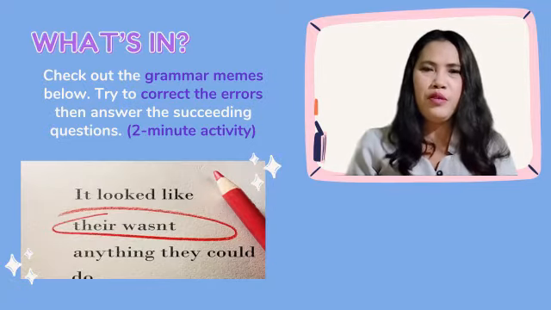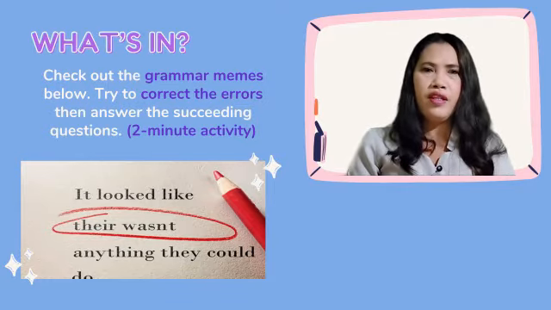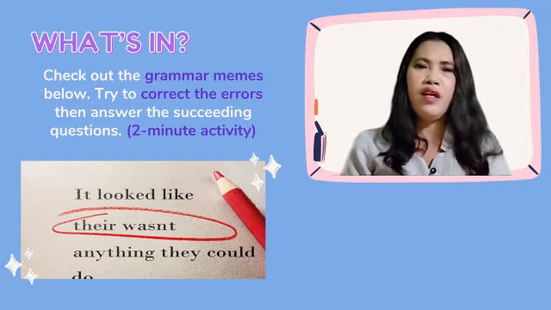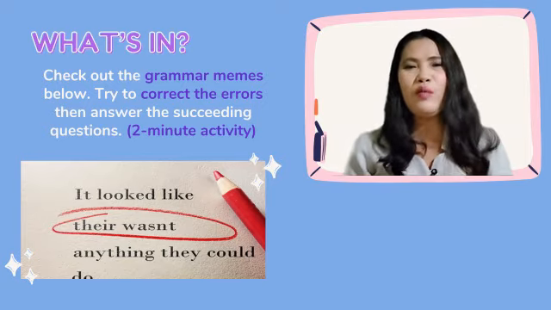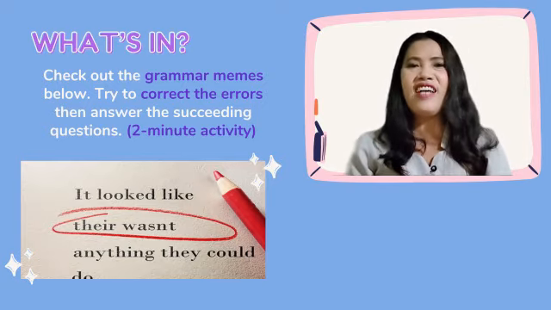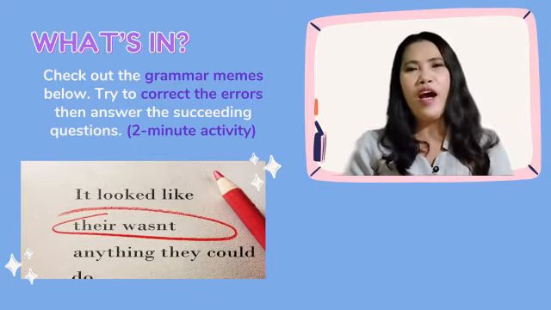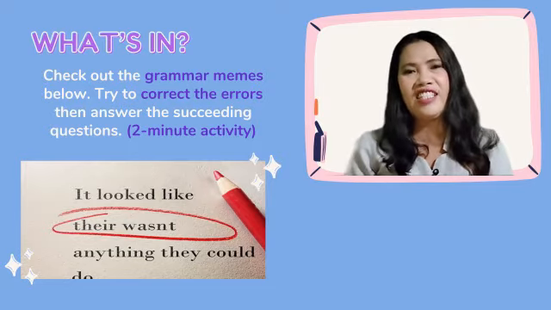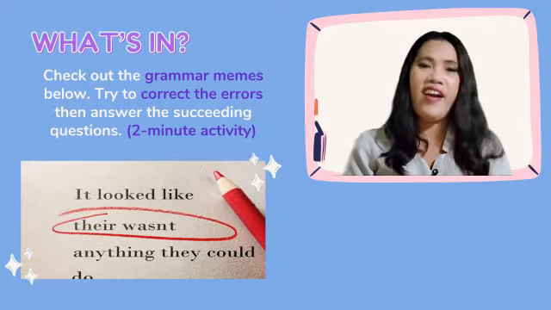For number 2, we have 2 words there that are wrong. In the given, the word there is a pronoun, but what is needed is the adverb, not the pronoun. That is why we say it's wrong. So instead of THEIR, what is needed is THERE.